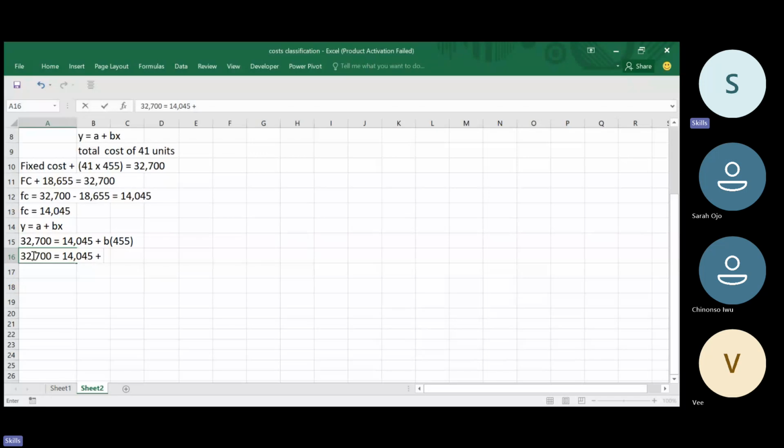Then if we collect like terms, 32,700 minus 14,045 is equal to 455b. 32,700 minus 14,045 naira.